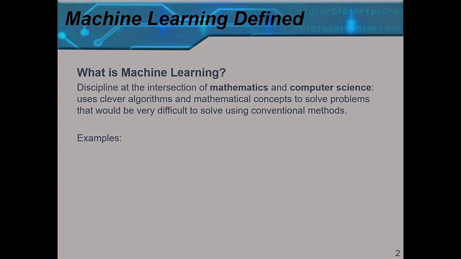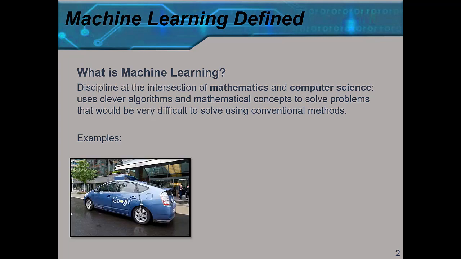But let's go through some of the examples of what machine learning is doing right now, what it's being used for. And we start off, there's the self-driving cars that are using machine learning. You can't imagine how difficult it would be to have code handling all of the millions of variables that would pop up throughout normal driving.